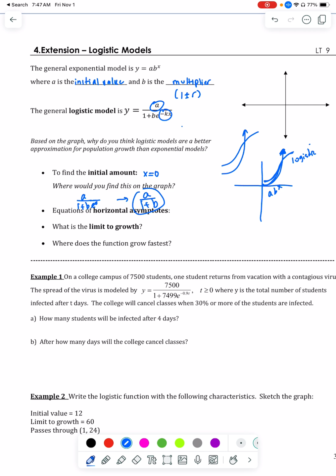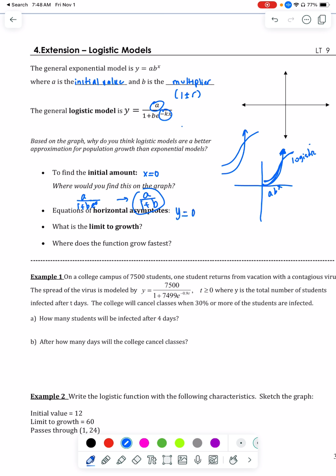And then it says equations of horizontal and vertical asymptotes. So think about what happens as x increases. If you want to find the horizontal asymptotes, they're going to be at y equals 0, right?